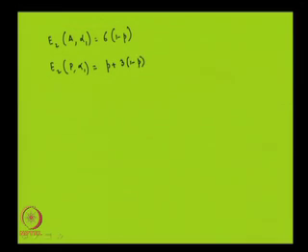So, like before, if this happens, then Q is equal to 1.